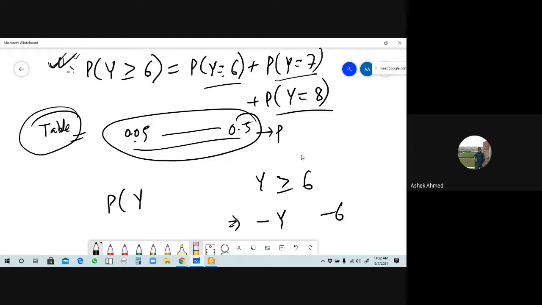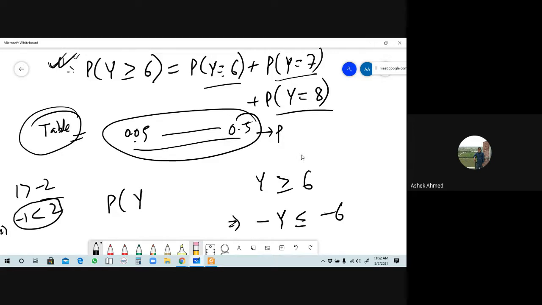Take 1 and -2: which number is greater? 1 is greater, is it right? So if you multiply both sides by -1, the left side will be -1 and the right side will be +1, so the inequality is changed. Before it was greater than or equal, so now it will be less than or equal. Do you understand?